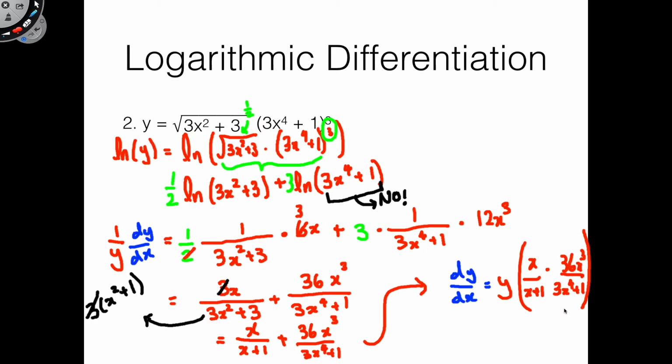Sorry, it's not very neat, but you get the picture. So that right there would be your final answer: y times x over x plus 1 times 36x cubed over 3x to the 4th plus 1. And again, you could plug in that expression for y. I'm just choosing not to. All right, so let's move on.